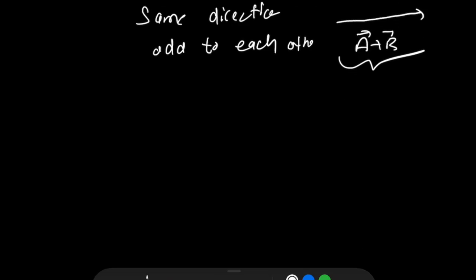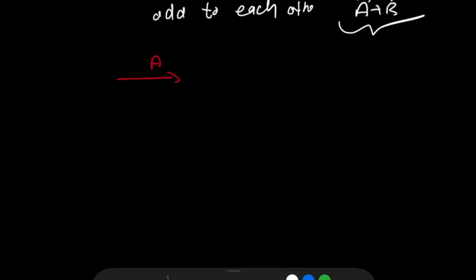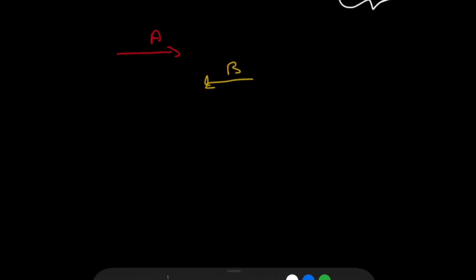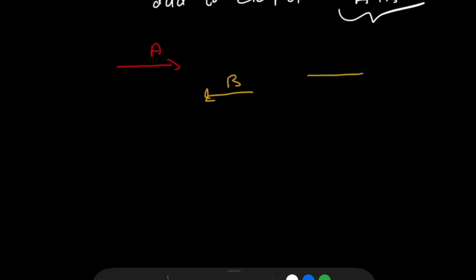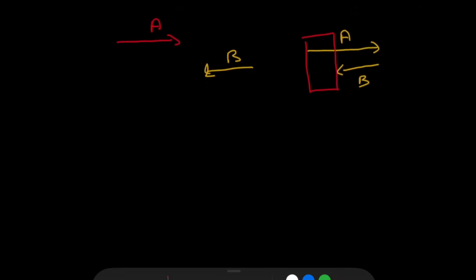However, if they are opposite, let's say this is the b, we need to subtract them. A, b, this portion you need to subtract them.